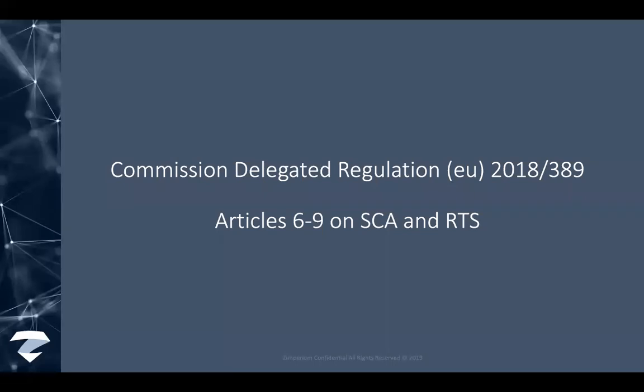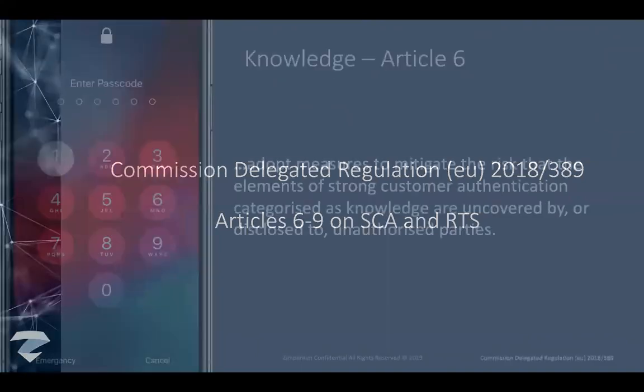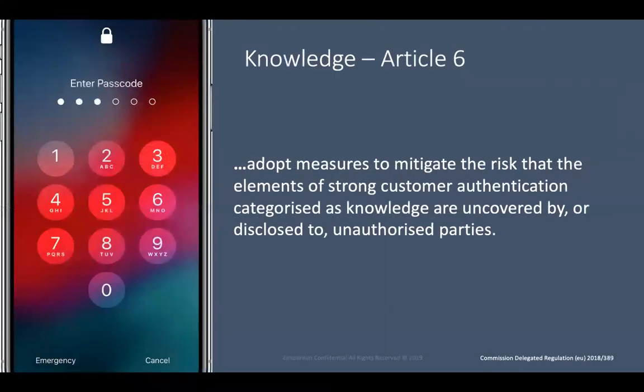Here's why we're here today. What I'm going to walk you through is 2018/389, specifically Articles 6 through 9 on strong customer authentication and the technical standards. That's what really applies to mobile devices. First, I'm actually going to take a look at my notes because this is very, very detailed.